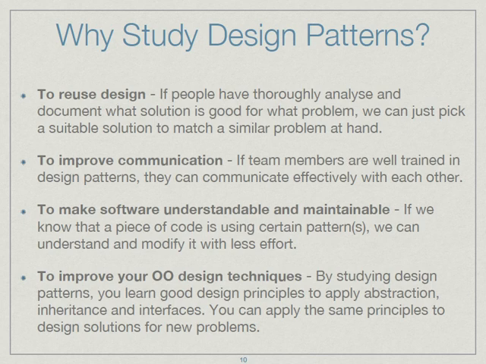So just several lines, as long as both parties know the same design patterns, they can communicate very well. But otherwise, it will take many more words to explain to people what you are trying to do.